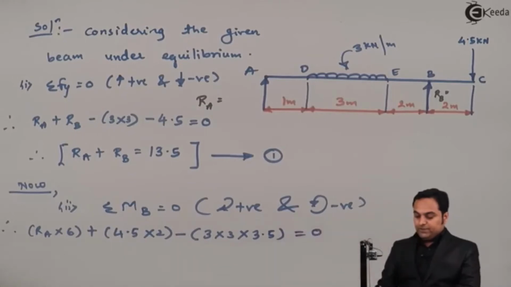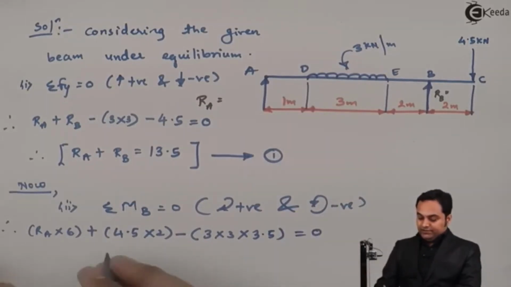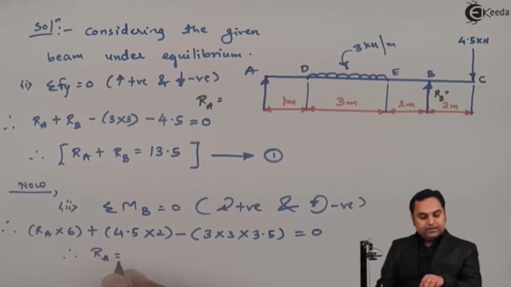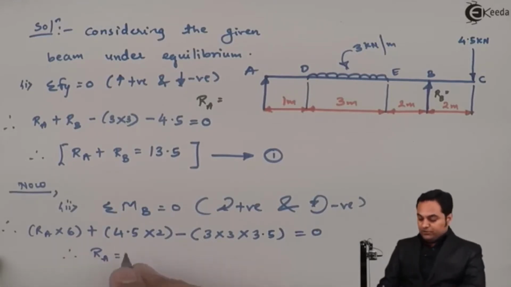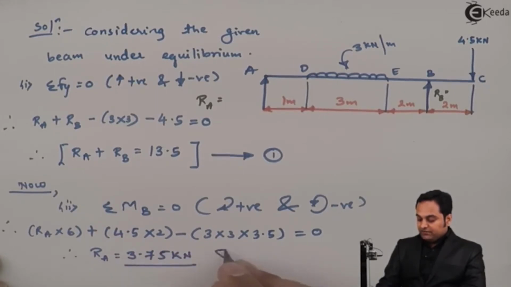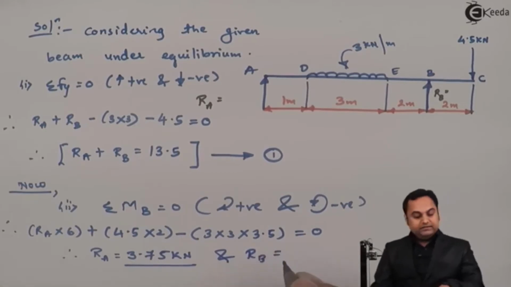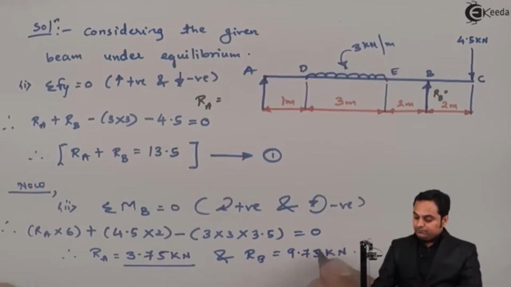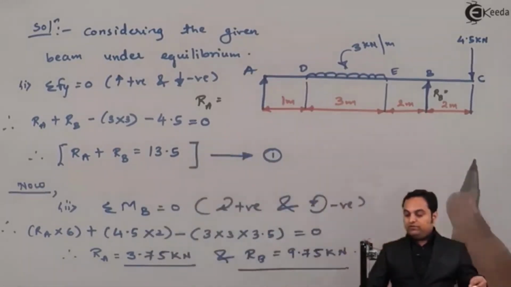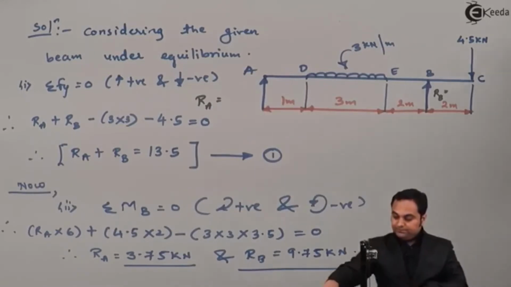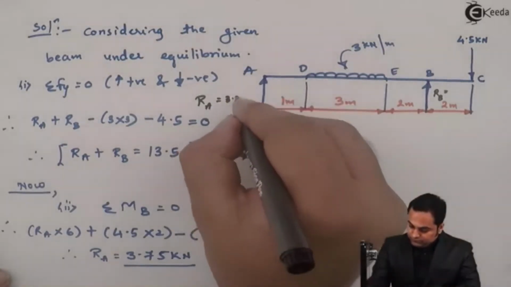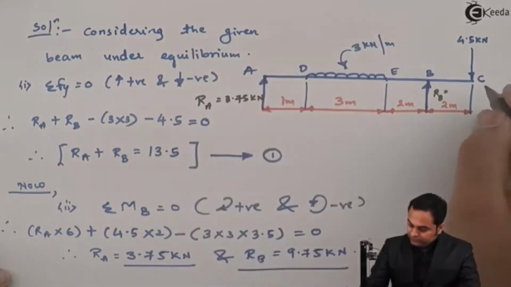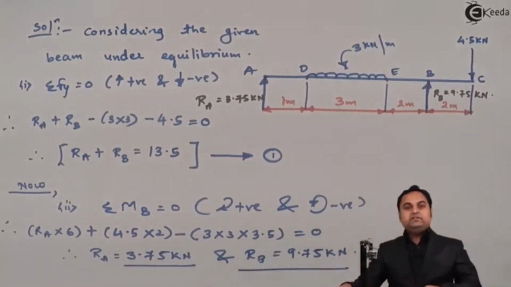So that is equal to 0, and if I go on calculating this, I'll get the RA value as 3.75 kilonewton, and putting this RA value in equation 1, I'll get RB as 9.75 kilonewton. So here we have found out both RA and RB: RA 3.75 kilonewton, RB 9.75 kilonewton.